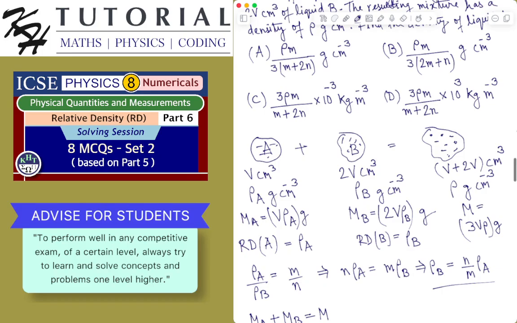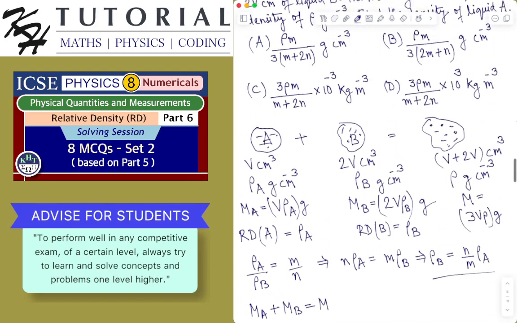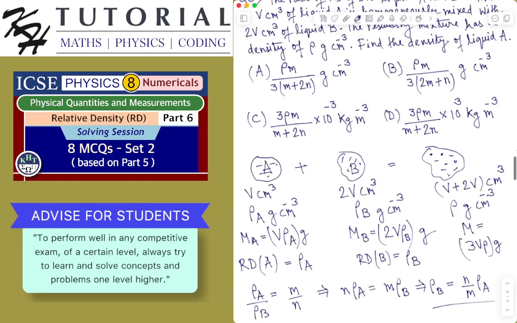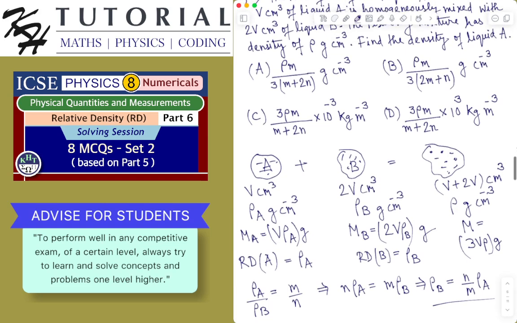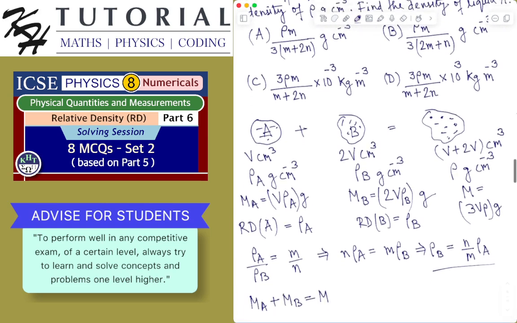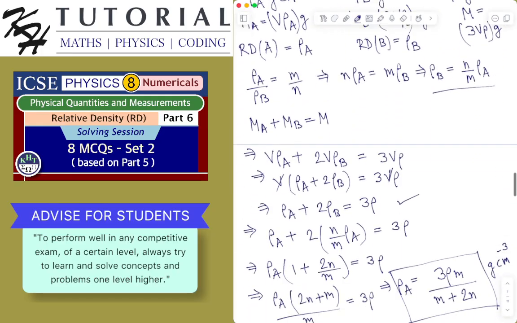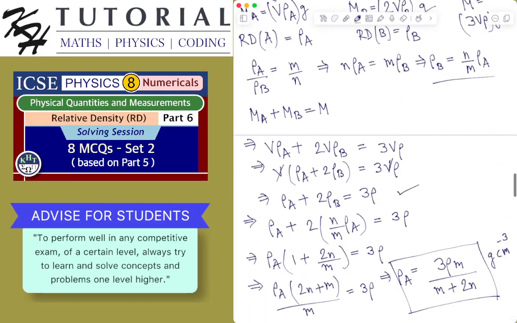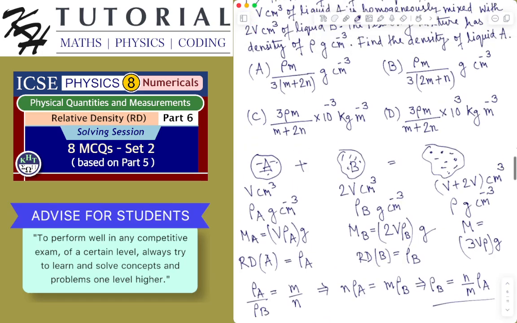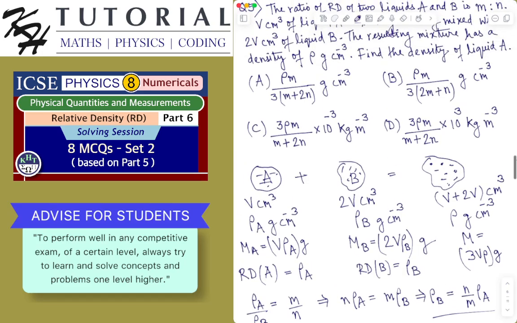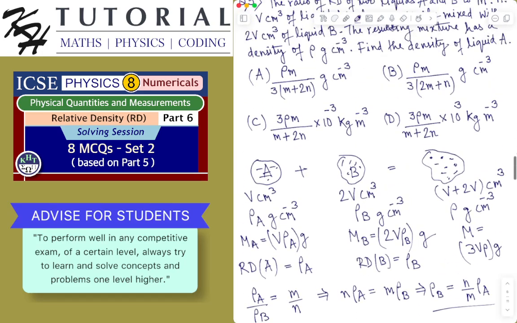If I consider the choices given in CGS, the choices are A and B. So definitely choice A is incorrect because the correct answer is 3 rho m by m plus twice n. Choice A is correct and also choice B is incorrect. So definitely now we have to see whether between choice C and D which is correct, and both the choice C and D are given in CGS.